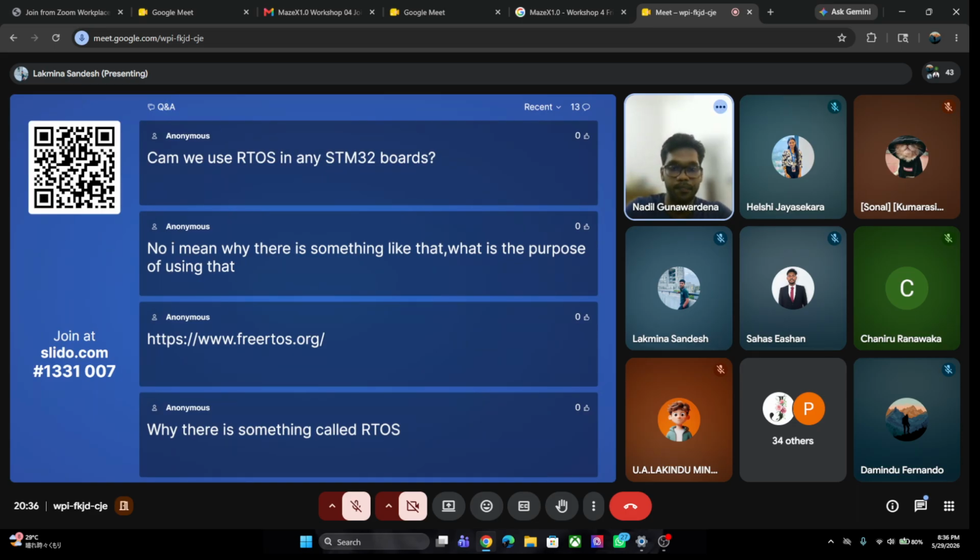Yeah, in any STM32 microcontroller, you can run RTOS: ARM Cortex, FreeRTOS, or Azure RTOS. Yeah, you can run.